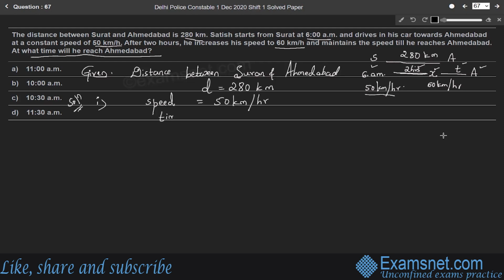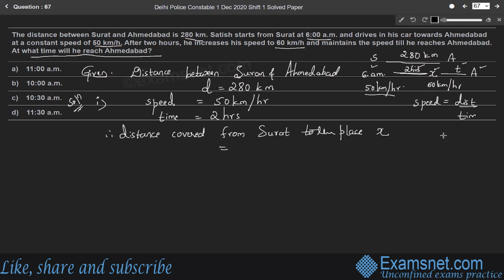Therefore, the distance covered from Surat to the place X: we know the formula of speed is always distance divided by time.